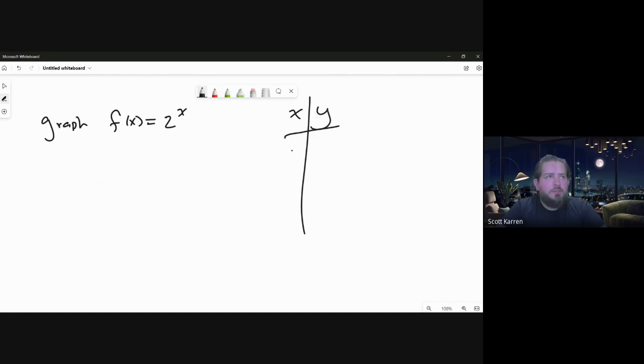If I graph, let's say, 0 and 1 and 2 for x values, if x is 0, y is 2 to the 0, but 2 to the 0 is 1. Anything to the 0 power is 1. If x is 1, then y is 2 to the 1. That's just 2. If x is 2, that's 2 squared, which is 4.